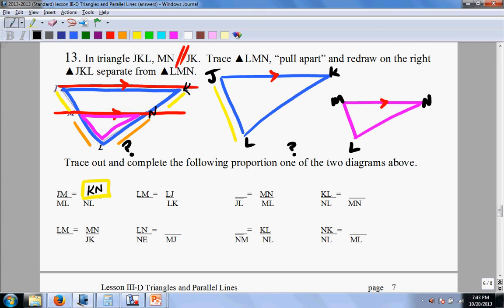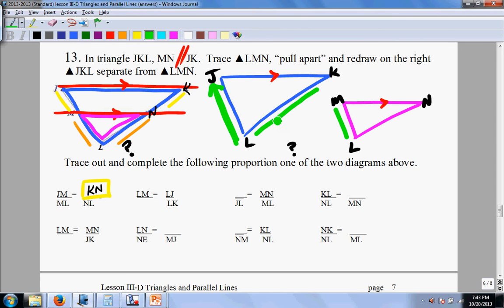Let's try another one on the right-hand side. It says we're going to work with LM. I have an LM over here. Let's see what else we have. We have LJ, which is right here, over LK. So look what we're doing.